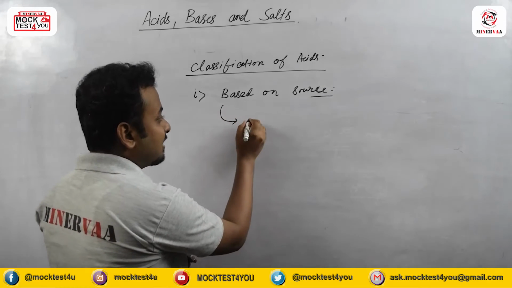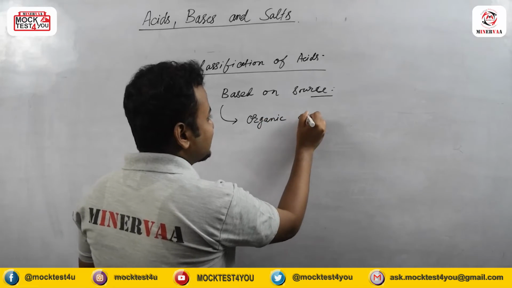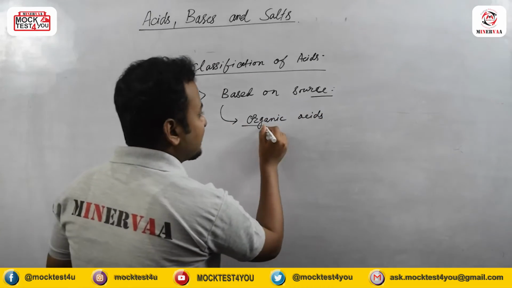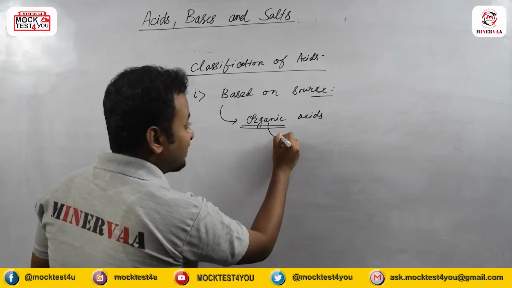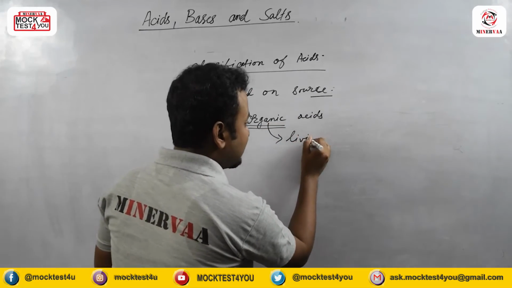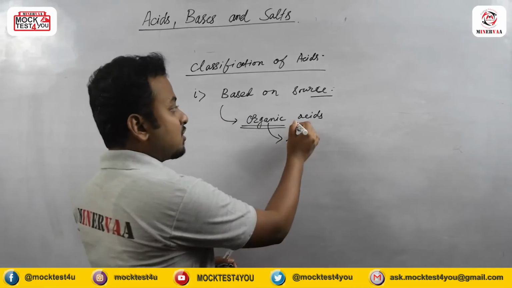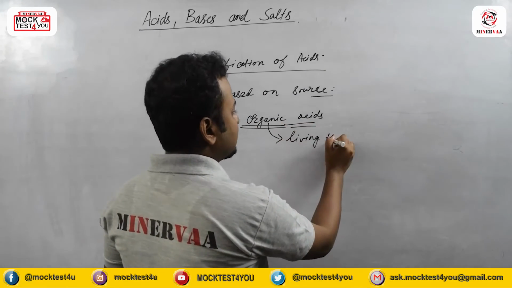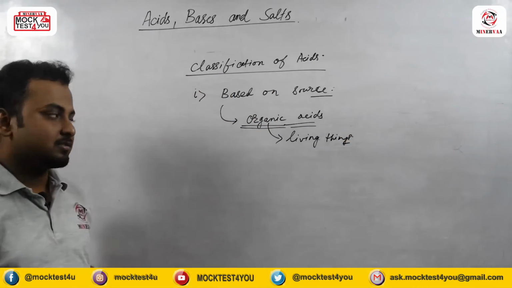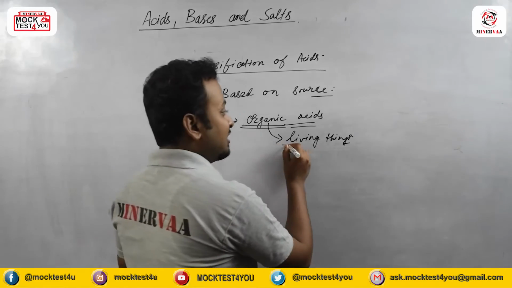We have already heard the term organic acids. Organic means something living, right? So the acids which come from living organisms, like plants or animals or any kind of living things, are known as organic acids.